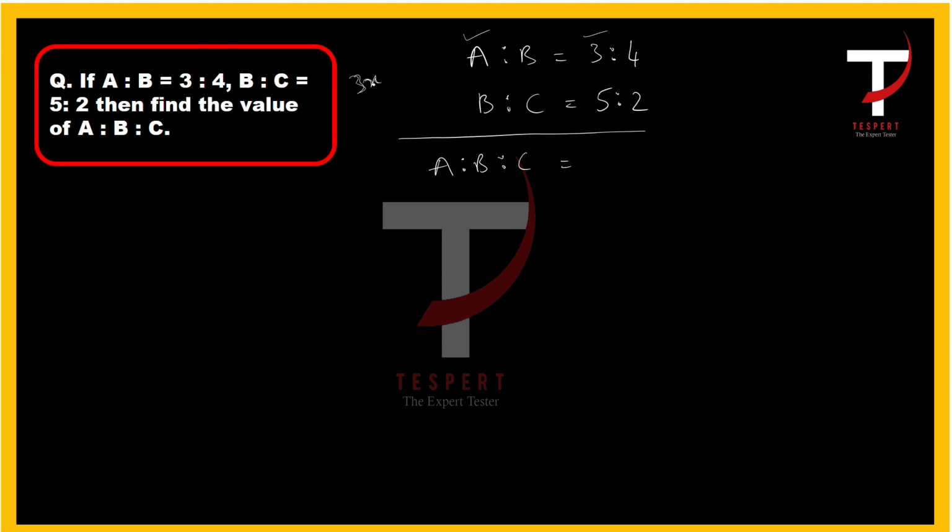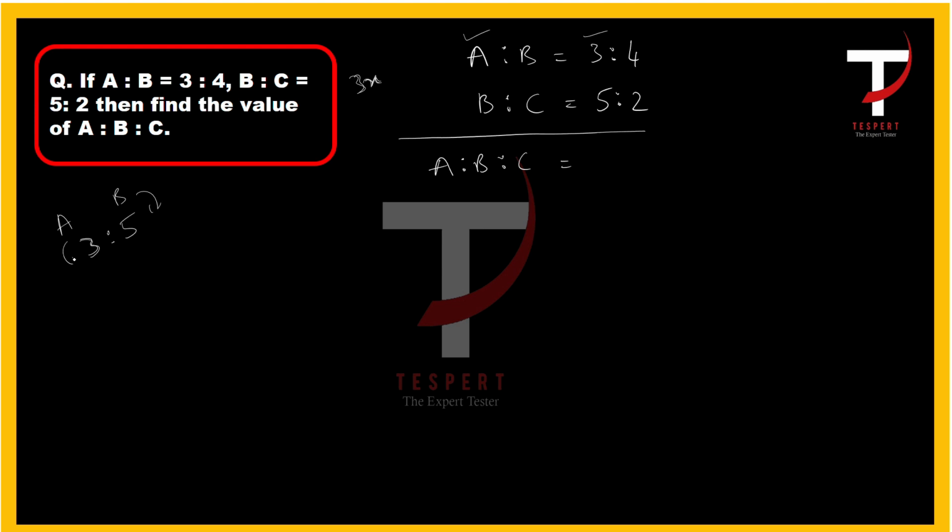3x. See, in ratios, let's say the ratio of chocolates that you and your friend have is 3 is to 5. So this is your friend's ratio and this is your ratio, right?